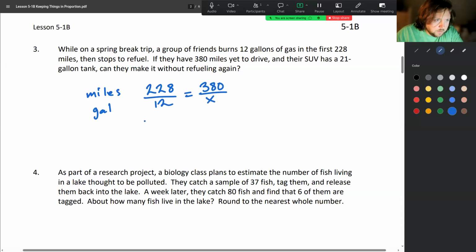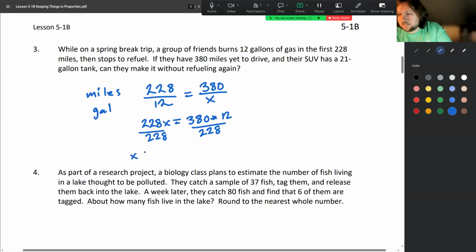So this is going to be 228 times x equals 380 times 12. And then we divide by 228. So we get x is what?